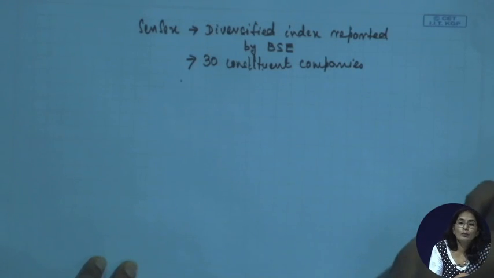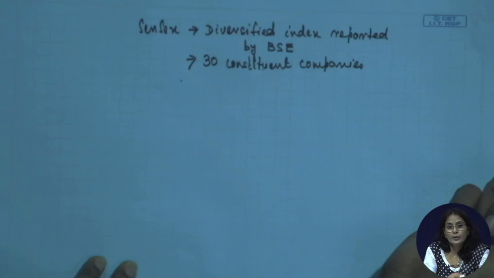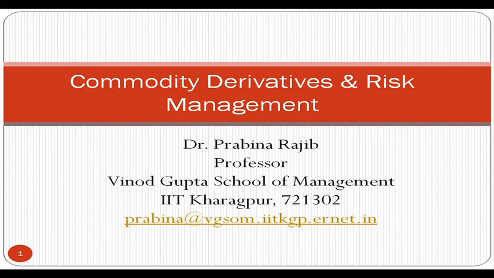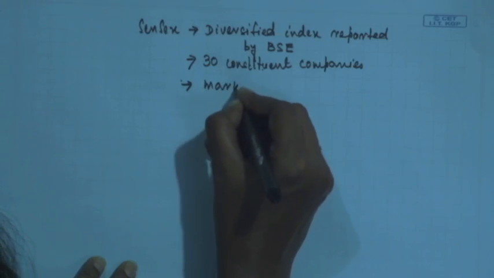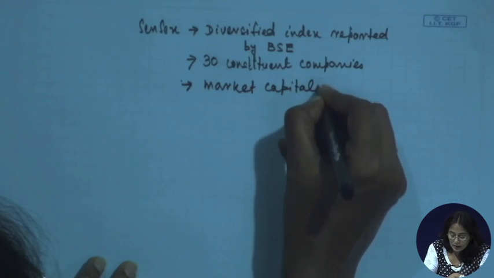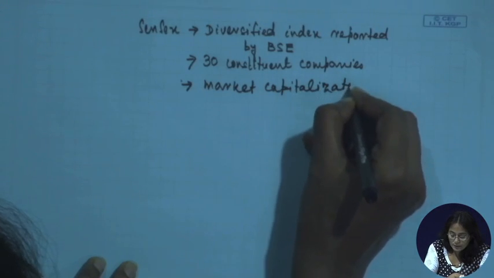These are normally large cap, diversified big companies, and Sensex is calculated based on market capitalization weight.